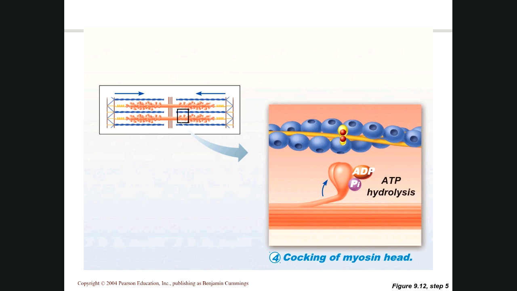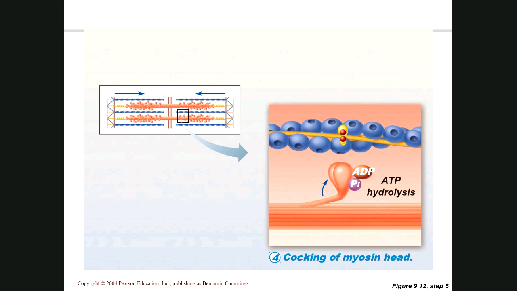And so this constant cross-bridge formation, pulling the thin filaments towards the middle, detachment of the cross-bridge because ATP energy has to be spent to detach, and then again, another cross-bridge, and this continuous cycle is what causes muscle contraction.